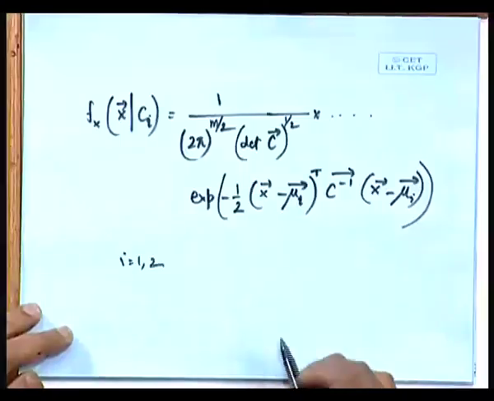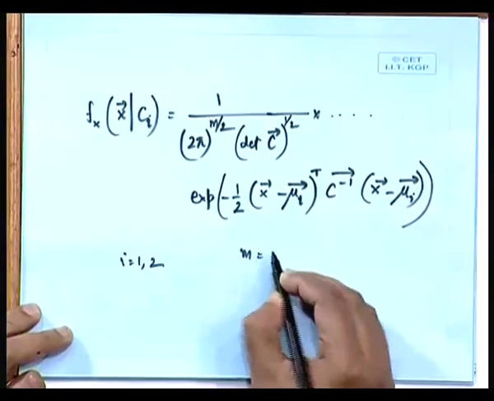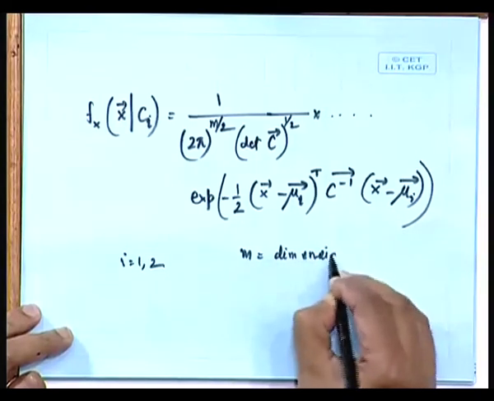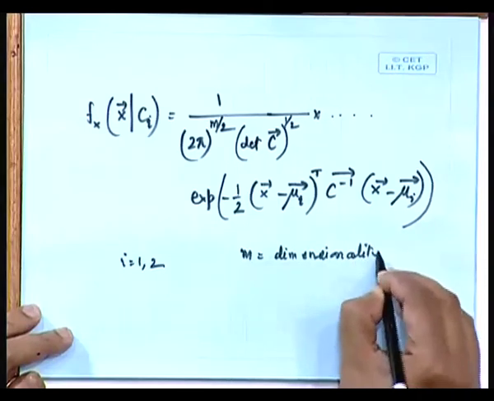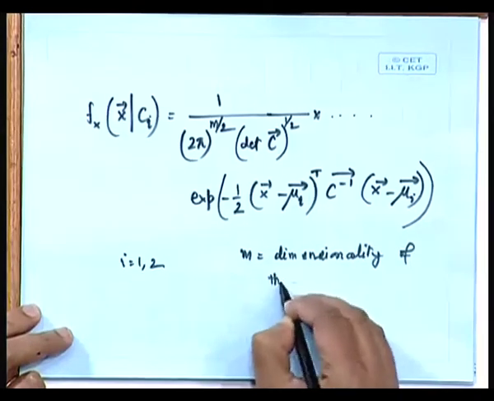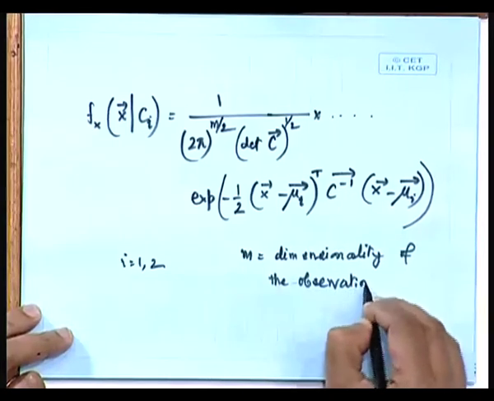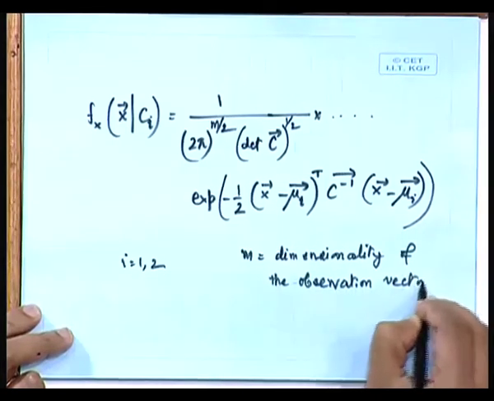This is a quadratic form of the expression, in other words equivalent to the expression for the one dimensional or scalar case, with the knowledge that m is equal to the dimensionality of the observation vector x.